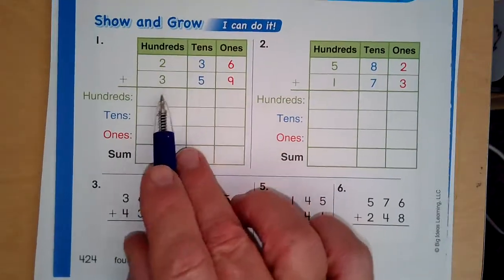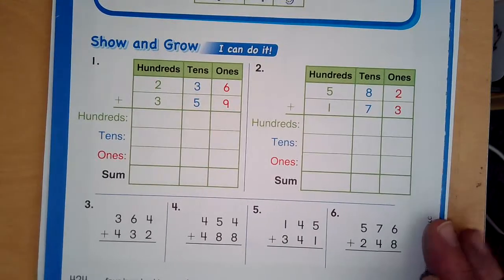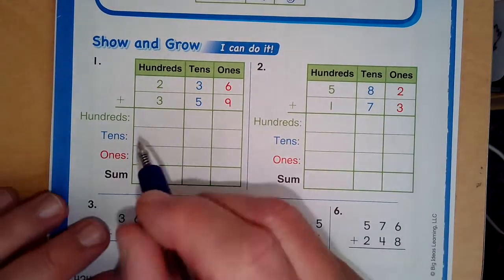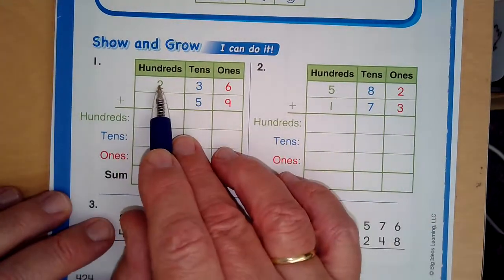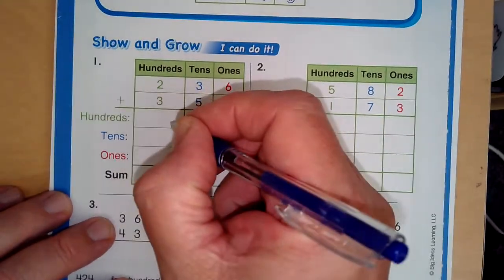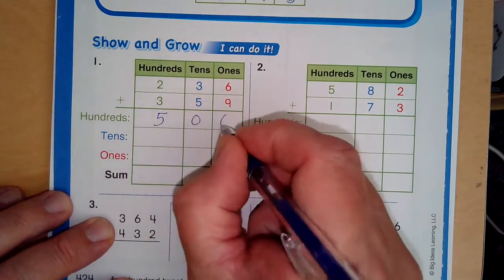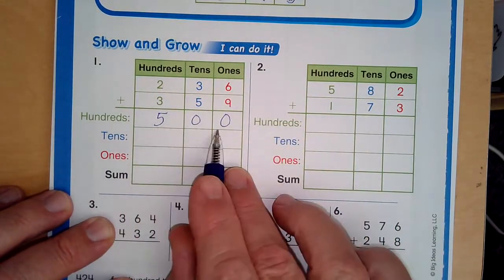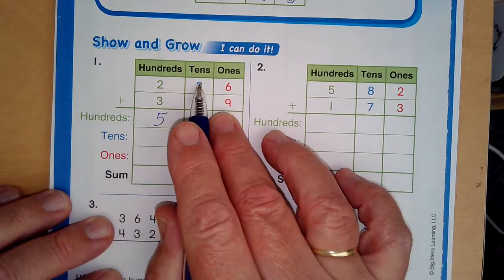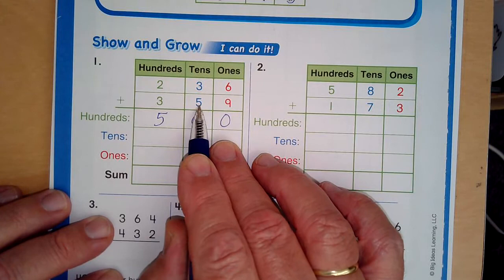All right, let's take a look at this. 236 plus 359. Oops, didn't mean to move that for you. There we go. I'm going to do my hundreds. I have 200s plus 300s. What does that make? That makes 5 hundreds. Then I add my tens. I have 3 tens plus 5 tens.